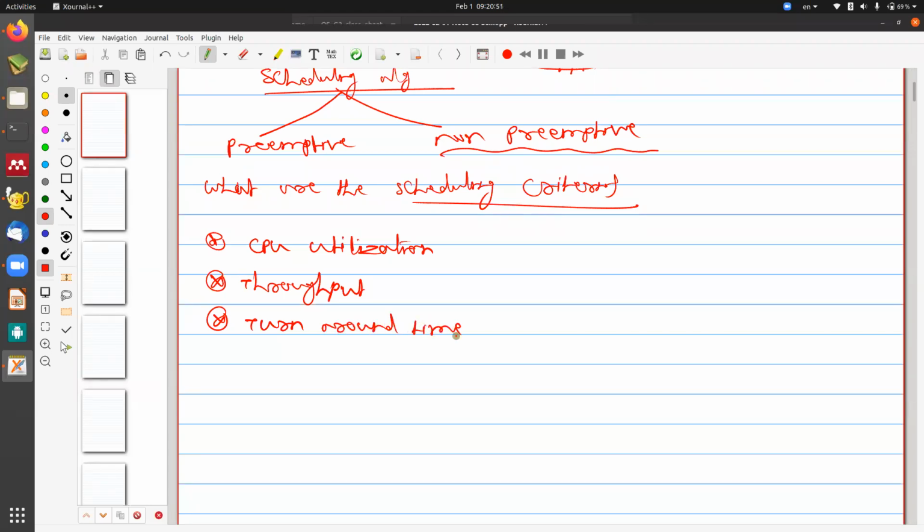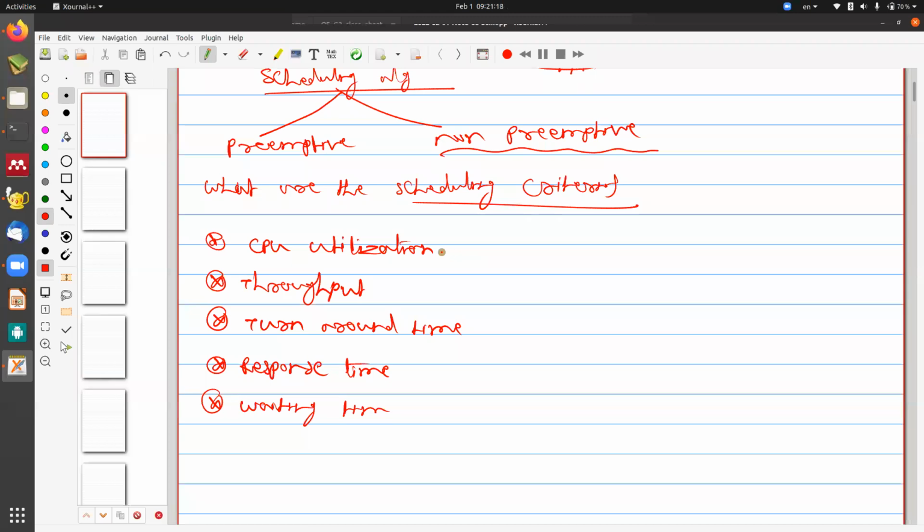The fourth one is called the response time. And the fifth one is called the waiting time. Yes. So all these 5 criteria have to be satisfied when you design any scheduling algorithm.